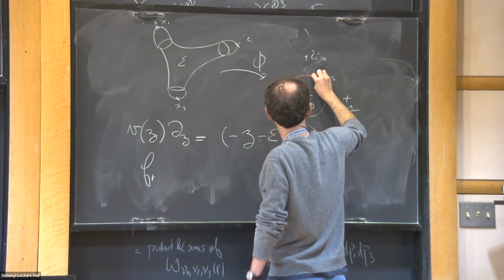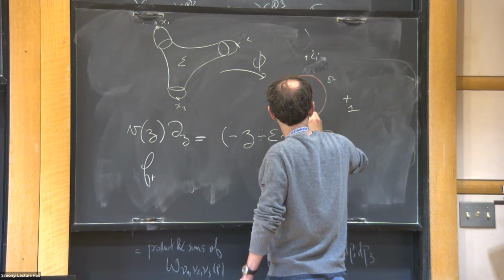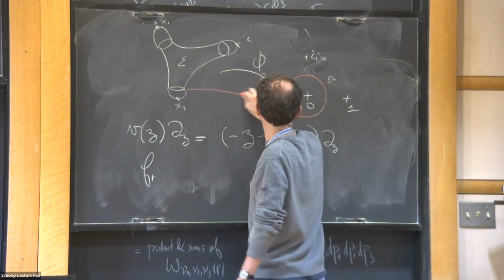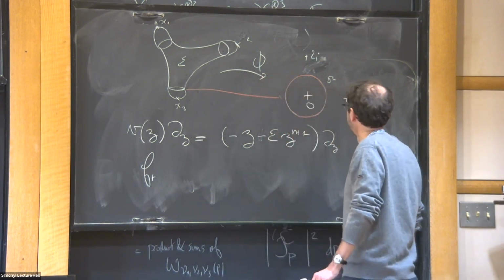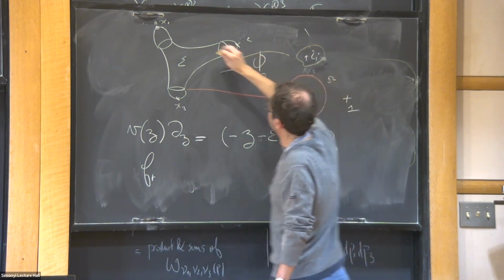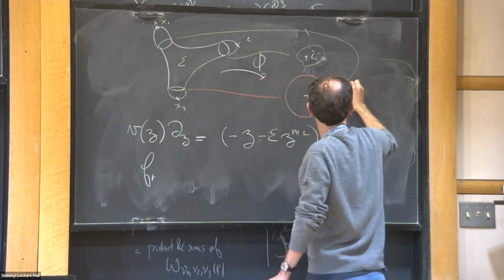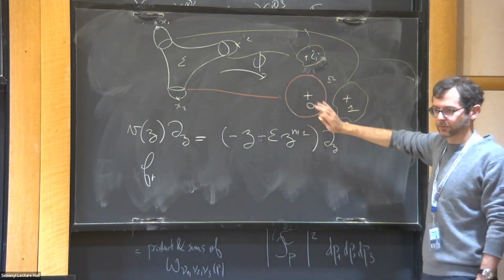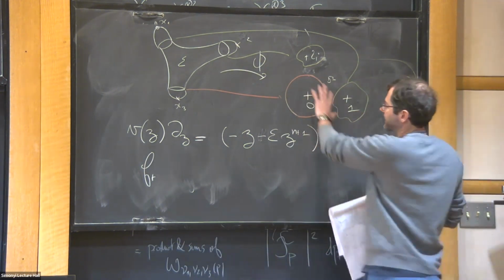Otherwise, we can always reduce to that case in some way. So maybe this curve is mapping to the unit circle, and maybe this curve here is mapping to a curve here. So it's not always possible to make it the unit circle, but I don't want to pay attention to this.